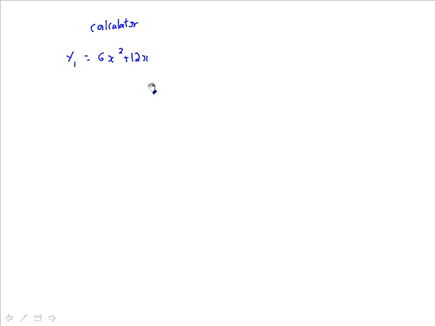Then, if you go into the Calculate menu, so second function, trace, so calculate, amazingly, number 7 gives you a definite integral key. So number 7 is f at x dx.